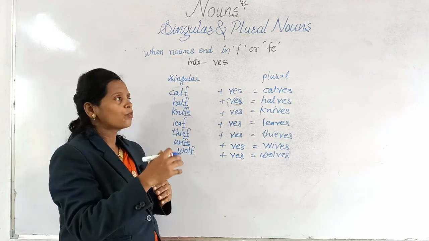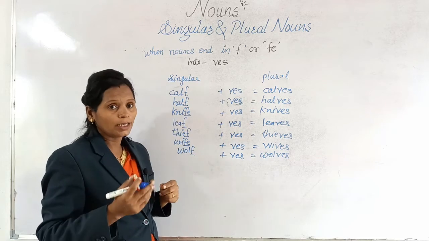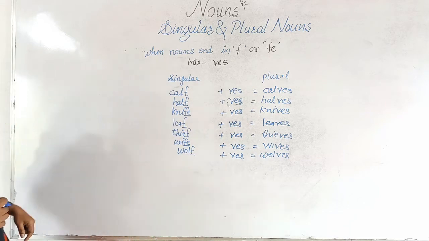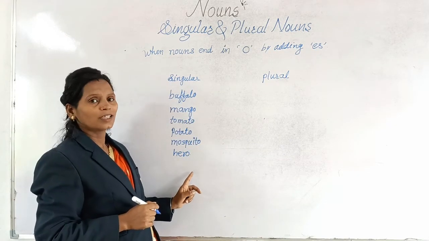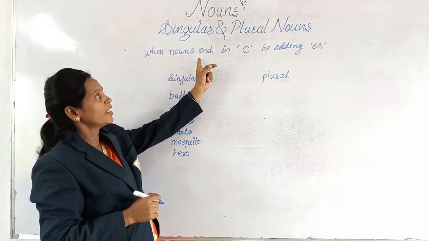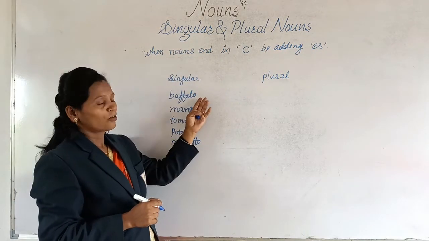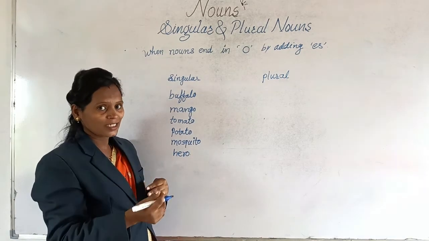Now we have to add some more words that end with the letter O. Let's see some more examples. When nouns end in the letter O, we add ES. Why?